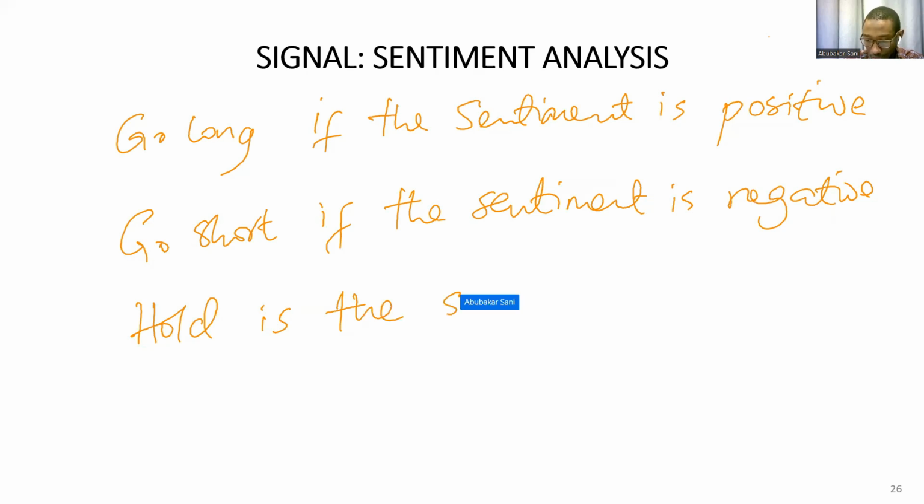So you just want to hold if you have not yet purchased, or you want to hold your money, or you want to hold your positions that you've already purchased. If you haven't bought any, you don't want to buy. If you have bought, you don't want to get out of the trade or buy more or sell more. You just want to stay put.